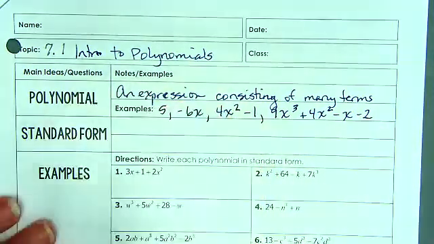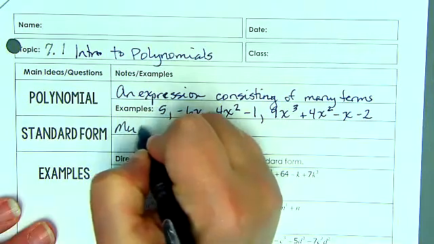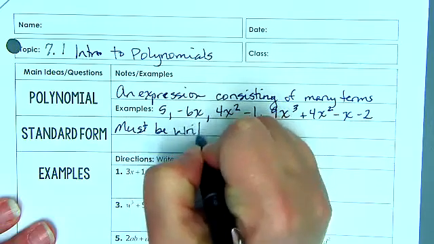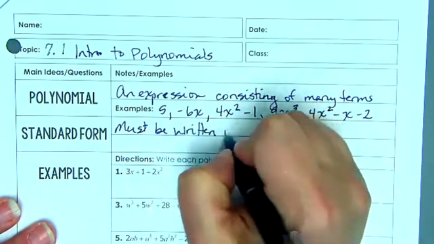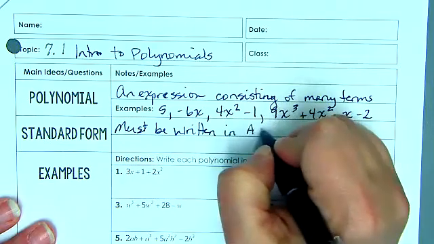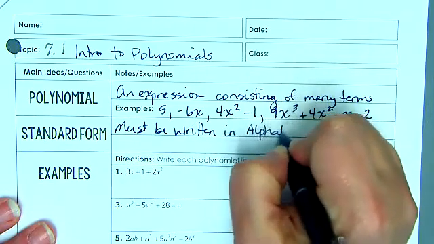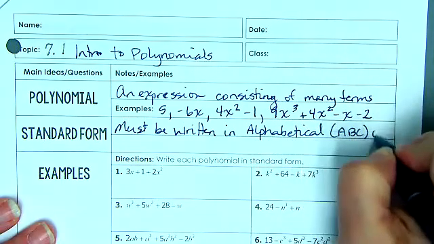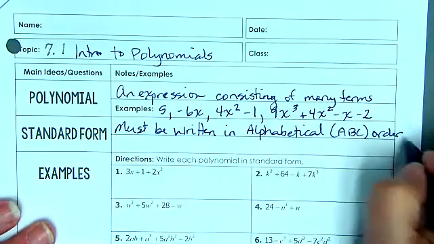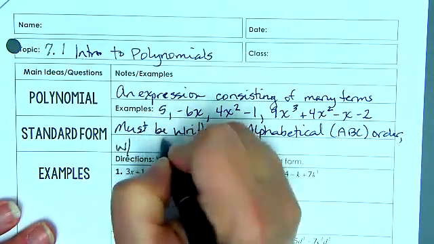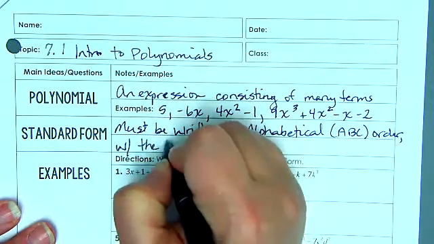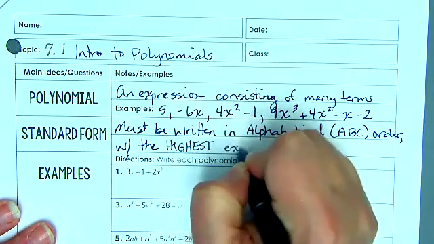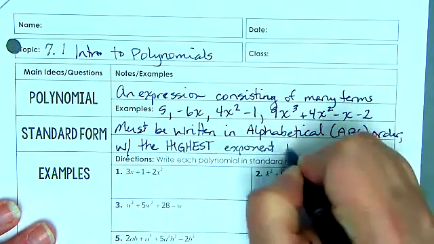Standard form, this is the way it should be written, okay? Must be written in alphabetical or ABC order, comma, with the highest exponent first.